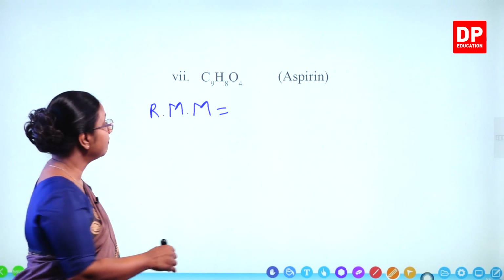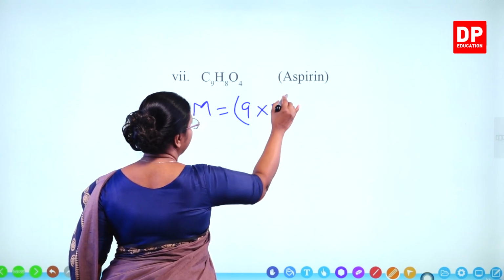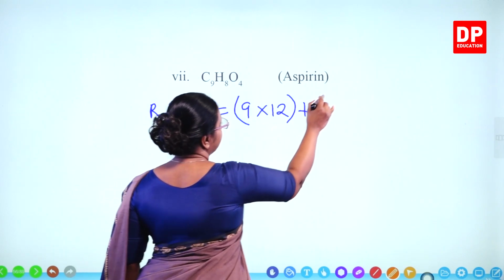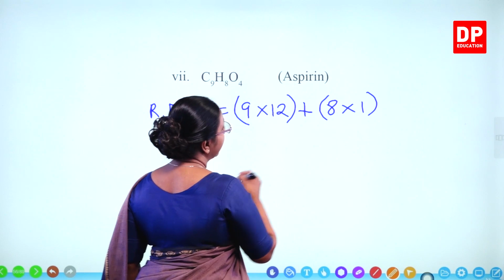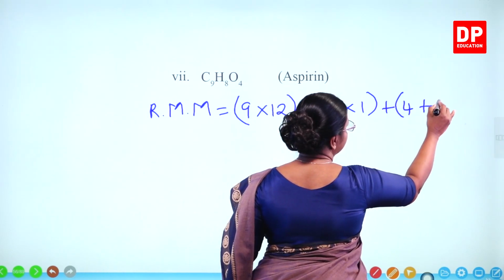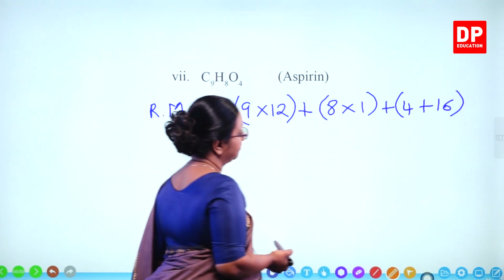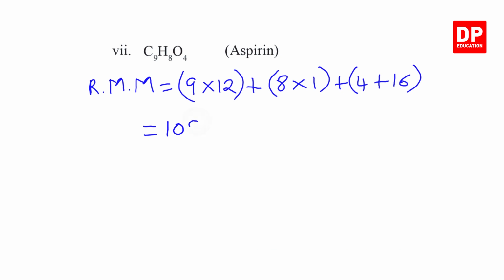Carbon is 12. So there are 9 carbons. You multiply that by 12, plus there are 8 hydrogens, that is multiplied by 1, and there are 4 oxygens, so multiply by 16, which is 64. Then you get the value as 108 plus 8 plus 64.